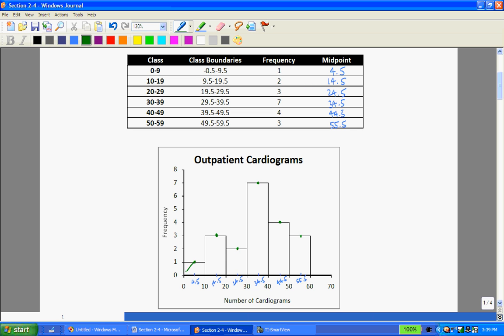Remember that the first line should be touching the horizontal axis, and then we just connect all of our dots. And then after the last point, we want to make sure to go back down to the horizontal axis. So they're superimposed right now, and that was on purpose just to show you how a frequency polygon shows us pretty much the same information as a histogram, but we're using these dots and lines instead of bars.